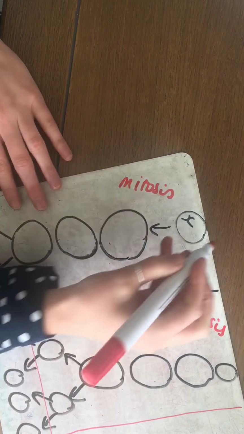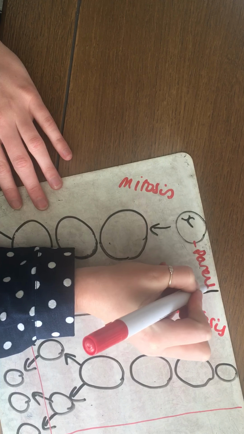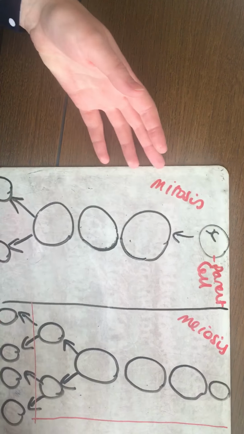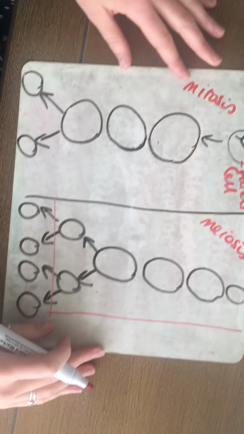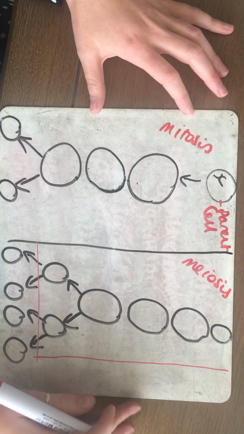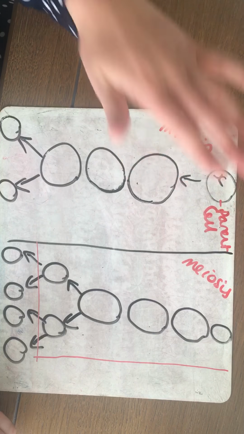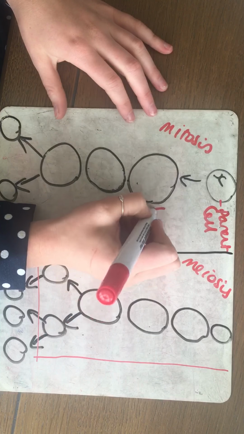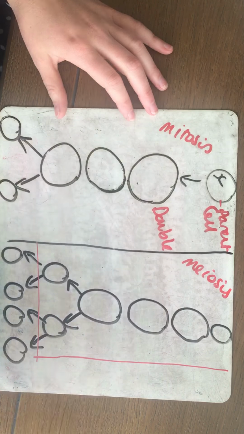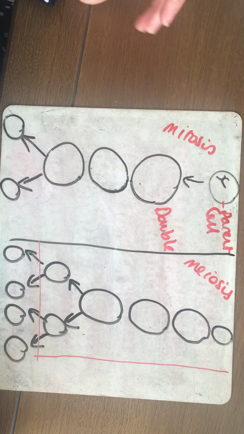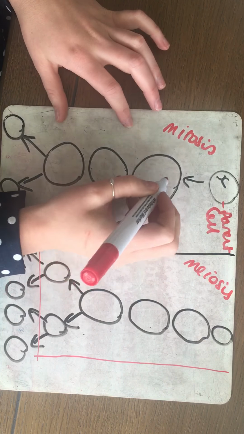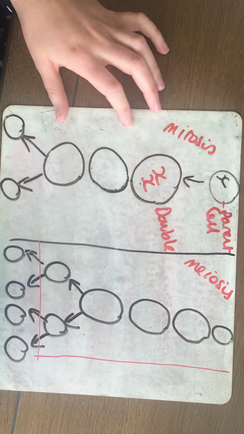So to start with, we have a parent cell. Now in humans, this parent cell will have 46 chromosomes to start with. So that's a parent cell, it's got 46 chromosomes. Those chromosomes will then double in number, okay? So the actual cell itself should get larger. So they will double in number.